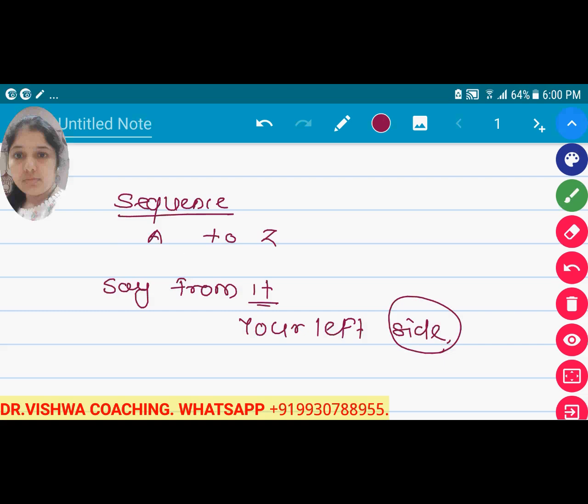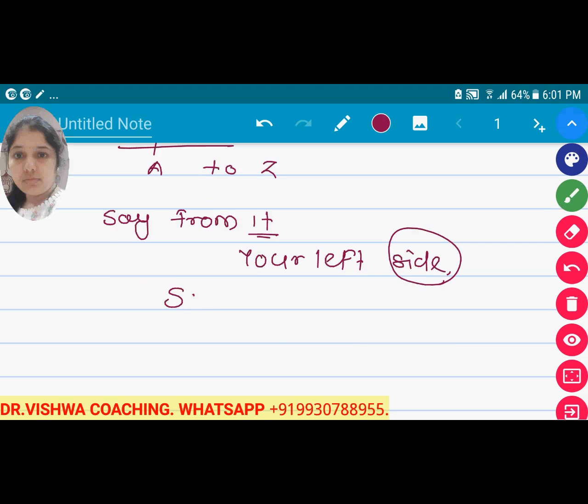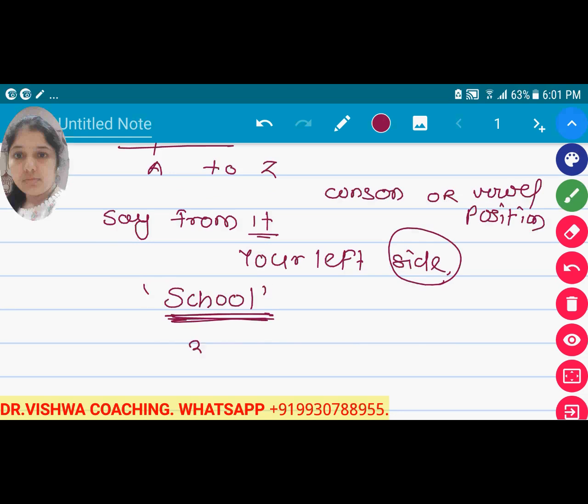For example, suppose one word is there, school. In the first topic they might ask you about the position of a consonant or vowel. If I said which is the third letter in the word given below, from left side.